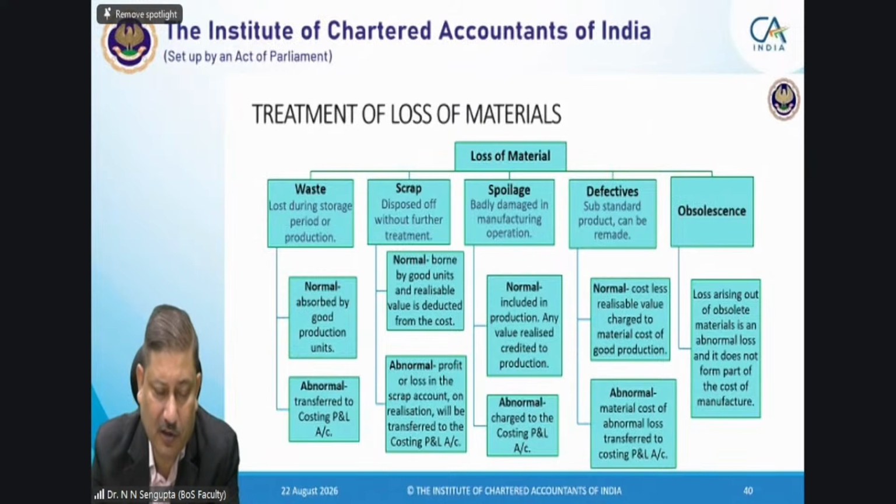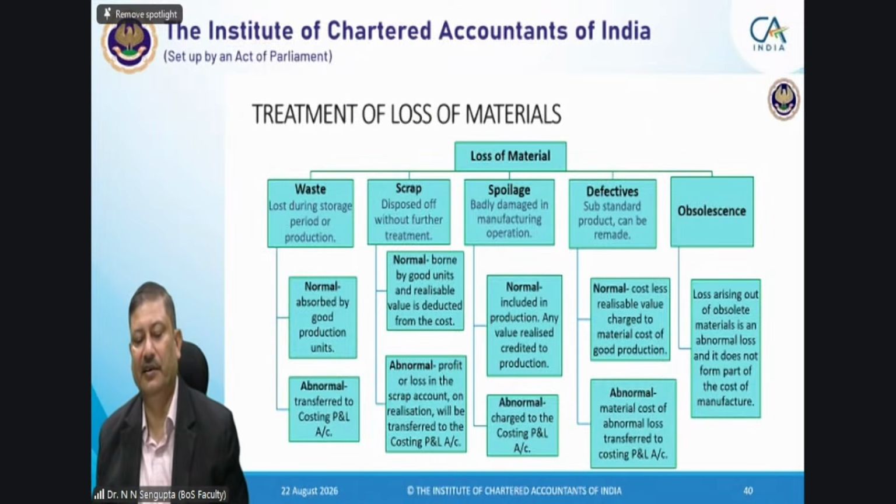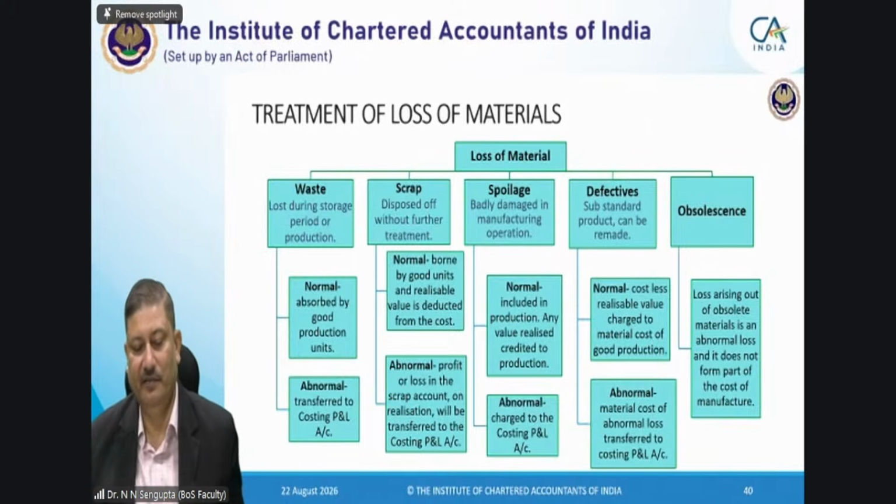So when we are talking about the waste, the normal waste will be absorbed by good production units. Abnormal will be transferred to costing PL. Scrap normal to be borne by good units, and realizable value is deducted from the cost.